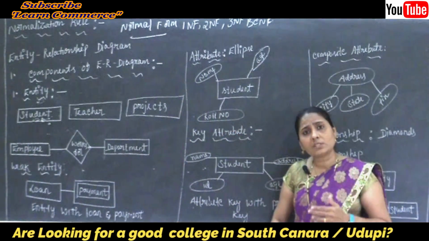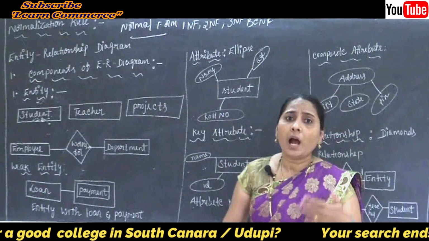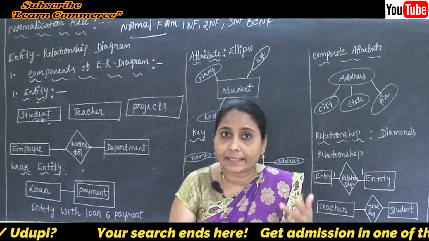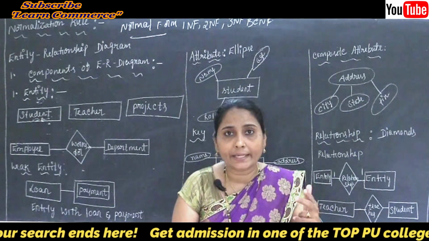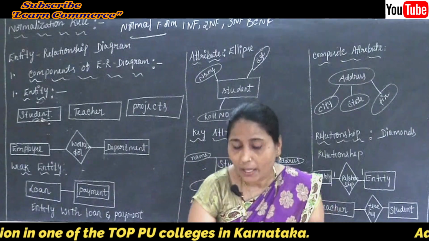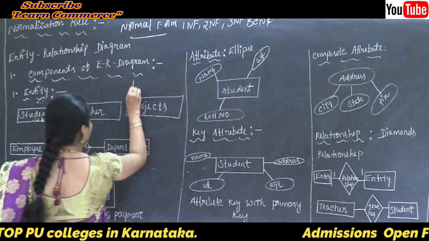And now, how do we draw the diagram for the entity here? In an ER diagram, an entity is represented by using rectangles. Clear this point here?